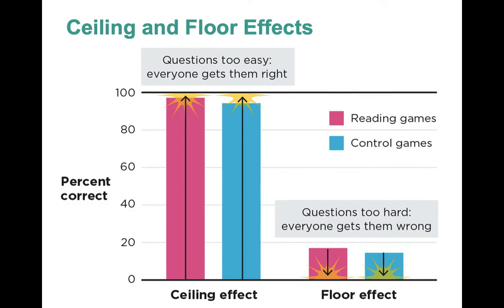All right. Here's another way that a dependent variable can be not operationalized very well. And this has to do with a phenomenon called ceiling and floor effects. So a ceiling effect occurs when participants' scores on a dependent variable are clustered at the very high end of the range of possible values.